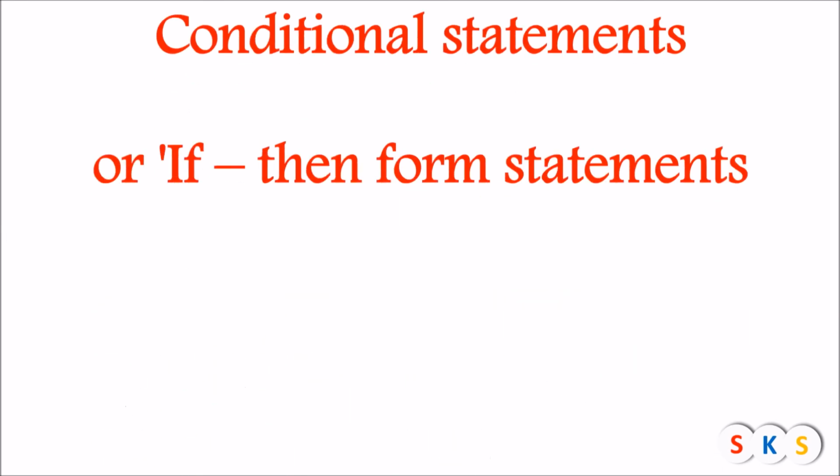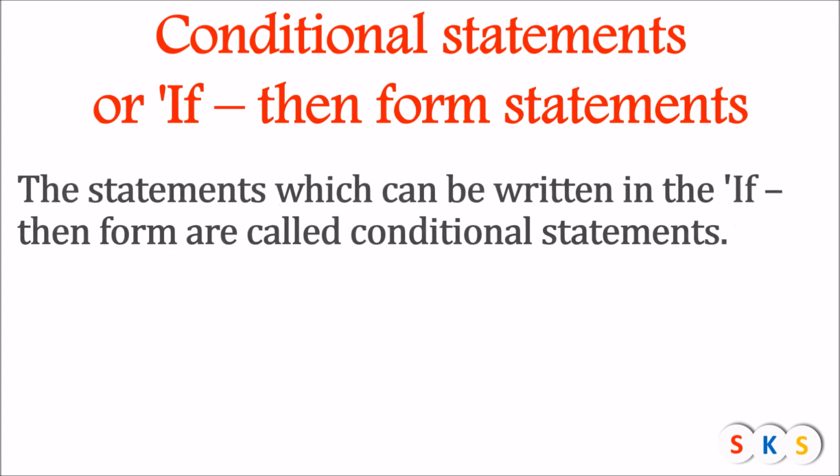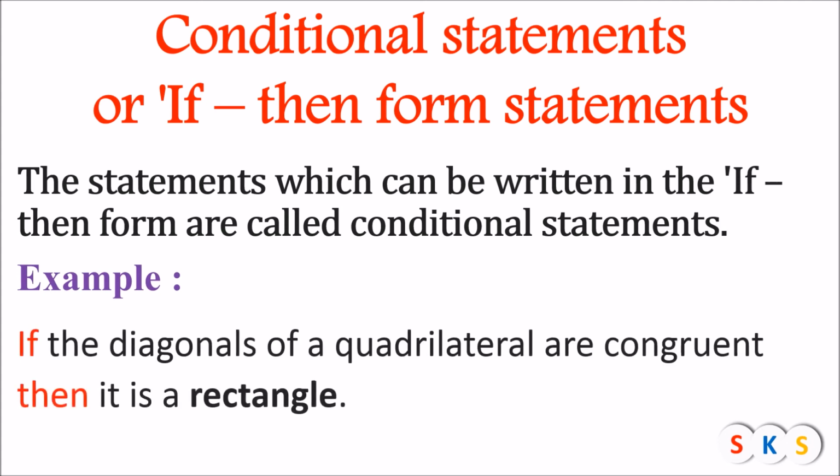What are conditional statements or if-then form statements? The statements which can be written in the if-then form are called conditional statements. Let's say an example: if the diagonals of a quadrilateral are congruent, then it is a rectangle. You can see that this geometric statement contains two words, if and then.